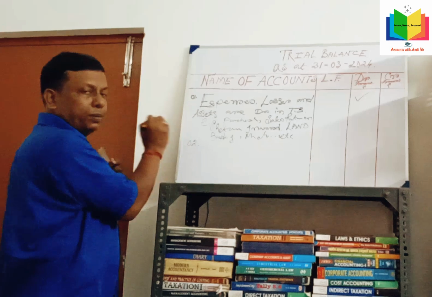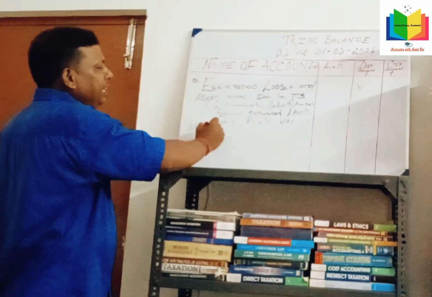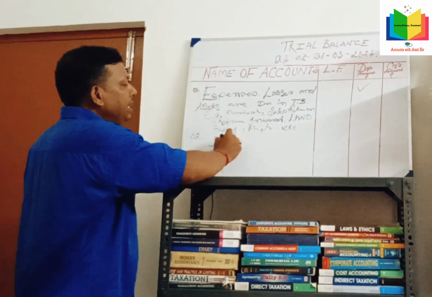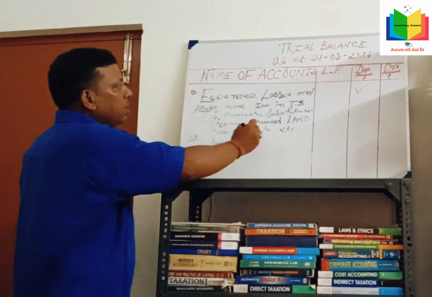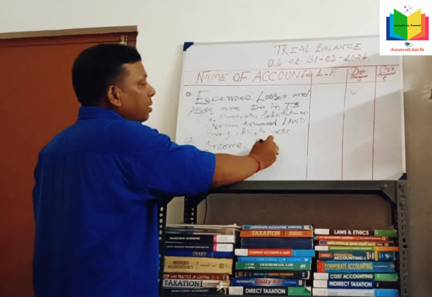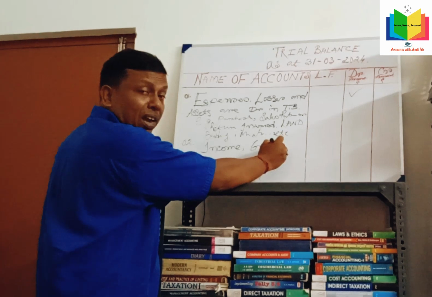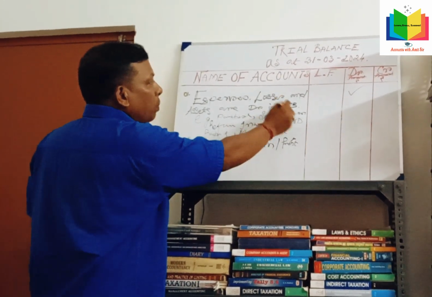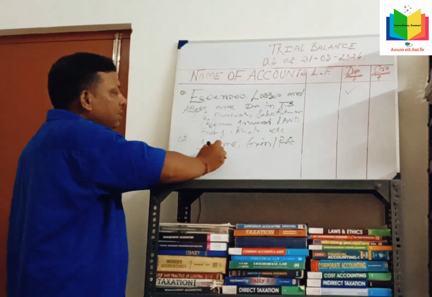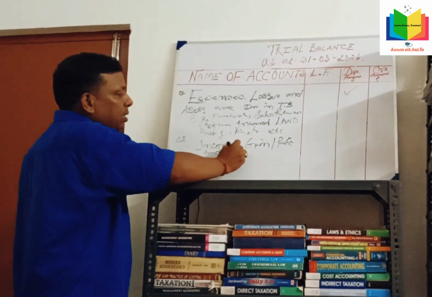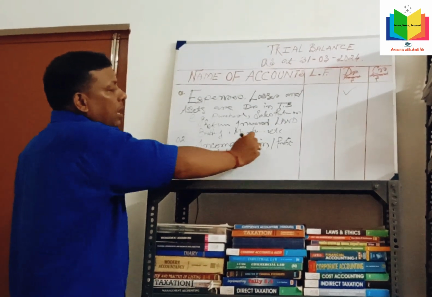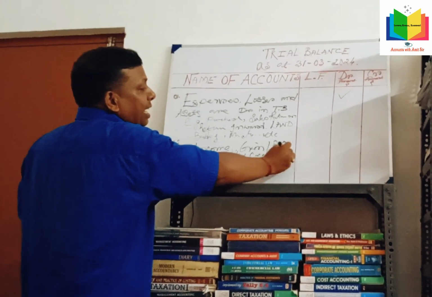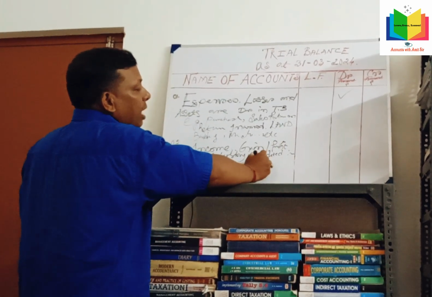Rule number 2: income, the opposite of expense, gain or profit, the opposite of loss, and liability are credited in trial balance.